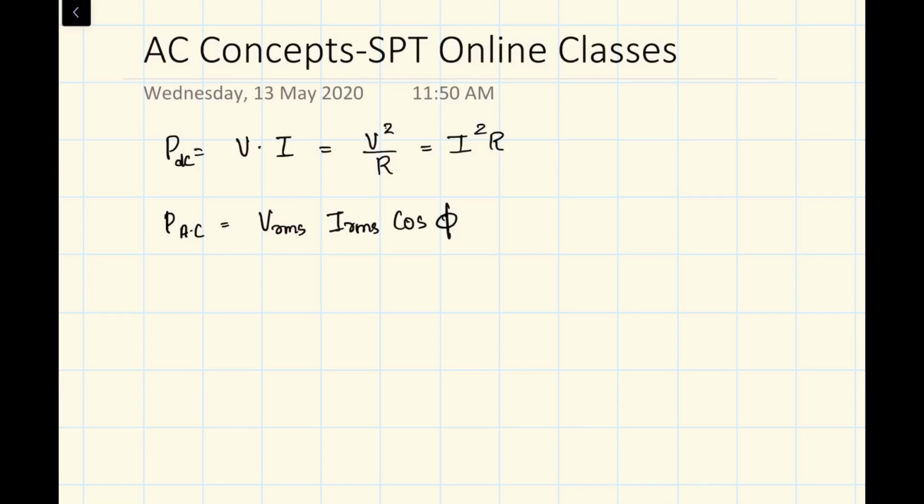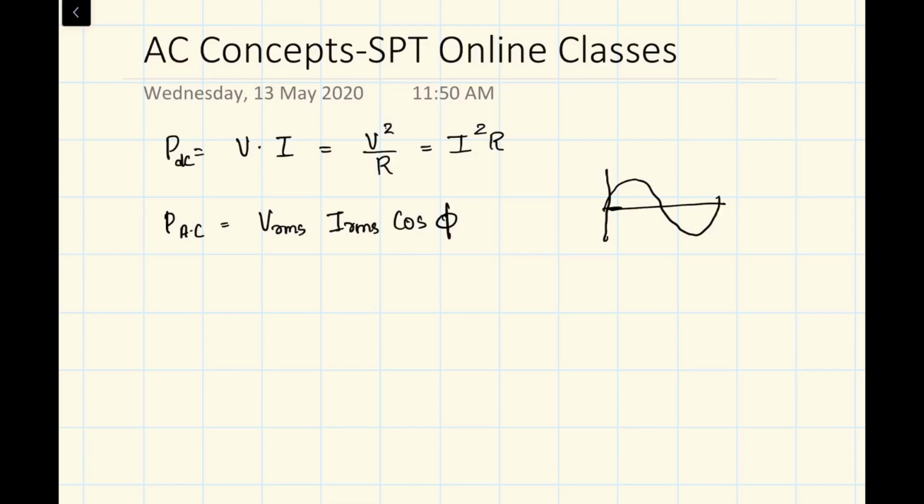The first thing you have to understand is that AC is alternating and DC is constant. When AC is alternating, if you simply take the average voltage of a cycle, we know that the average voltage is zero. So there is no logic in taking the simple VI term.